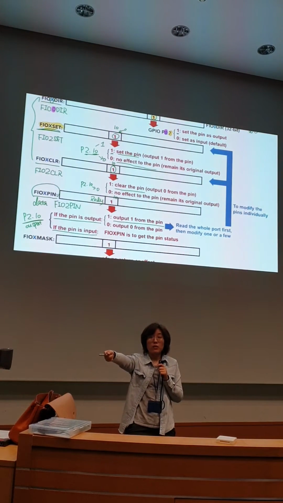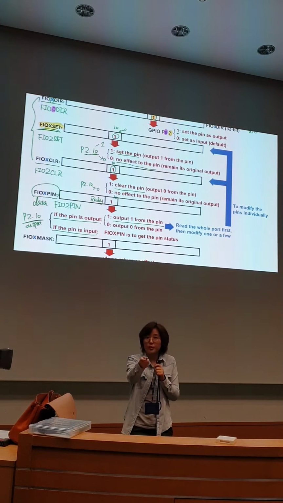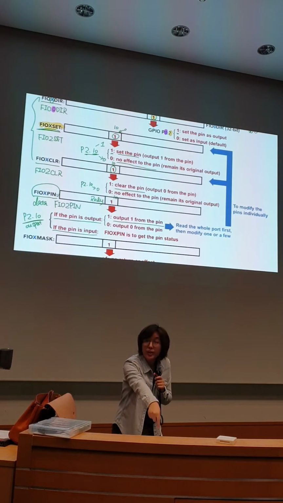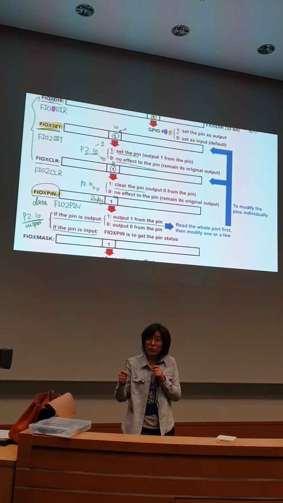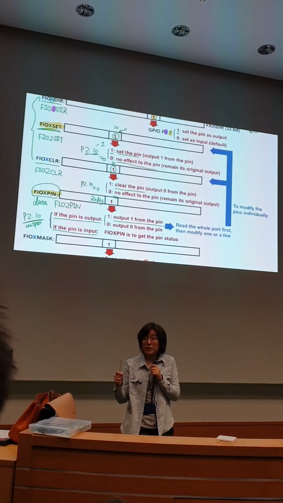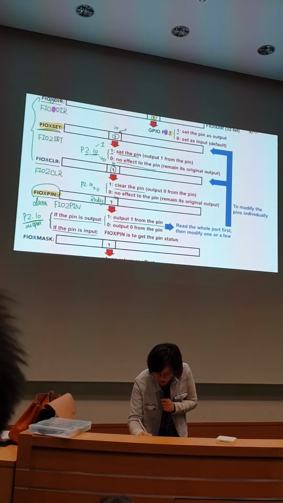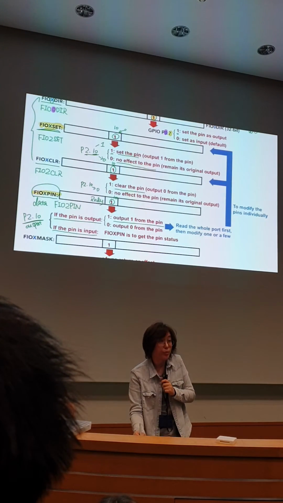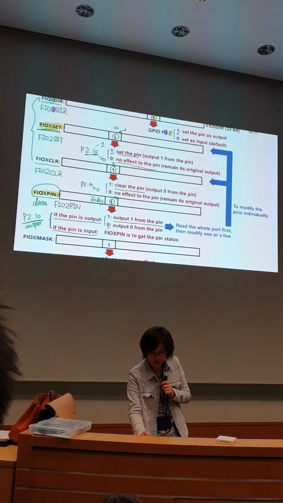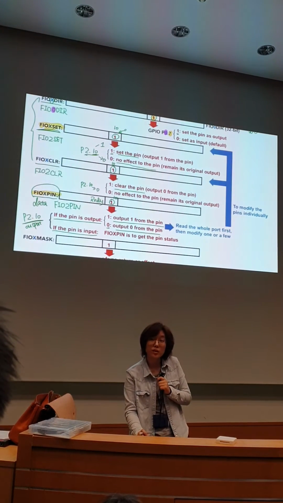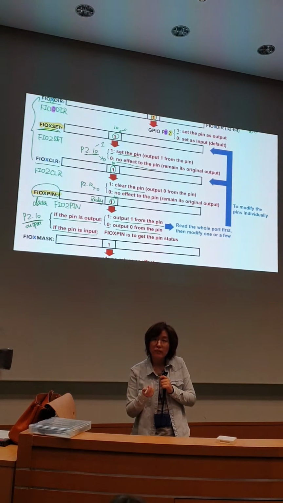So you want to check whether that pin is really outputting 1. You check from here. You check from the FIO pin register. So if you realize this location is 1, it's outputting 1. If you realize this bit now is 0, it's basically outputting 0. So this is to check the status of your pin.